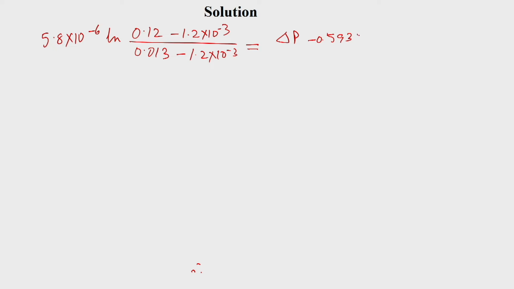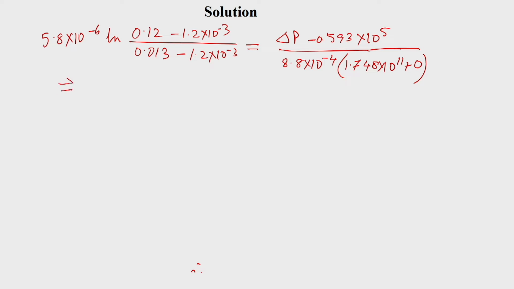0.593 into 10 to the power 5 divided by mu is equal to 8.8 into 10 to the power minus 4 into mu into (R m plus R g). R m is 1.748 into 10 to the power 11, plus R g is equal to 0. So, this is the condition.